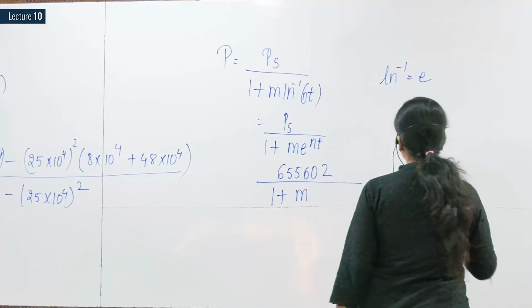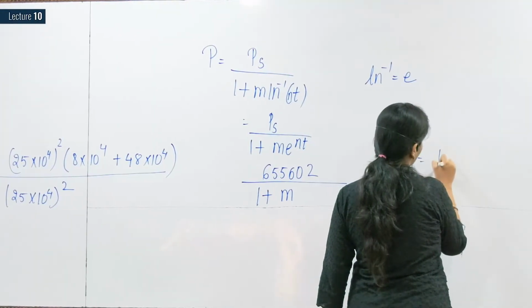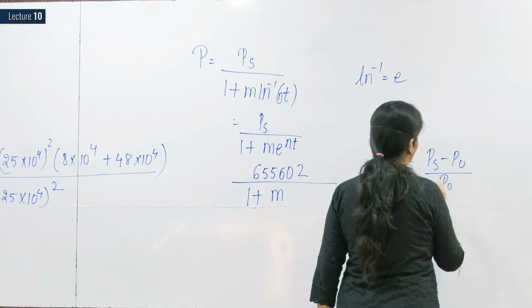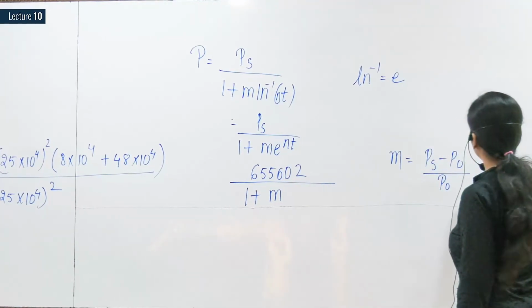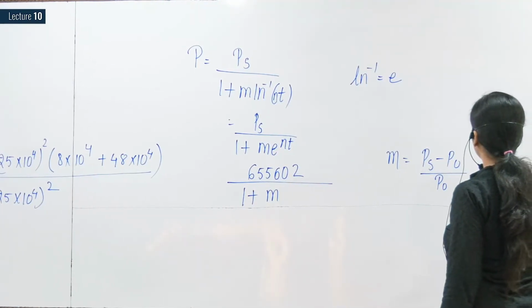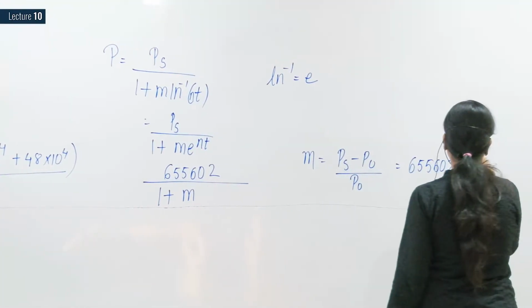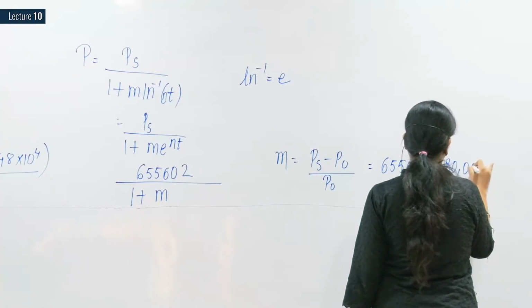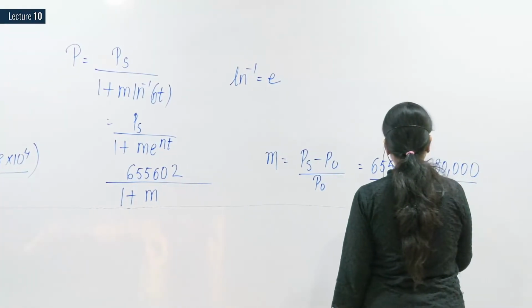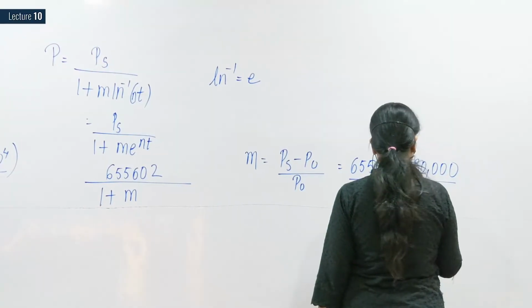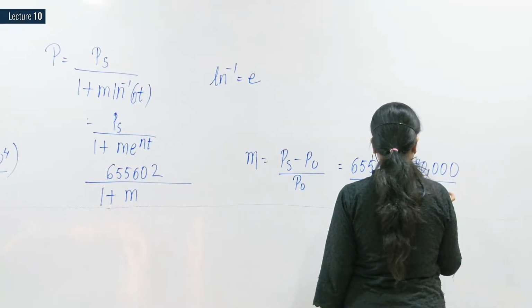So how can you calculate M? M is PS minus P0 upon P0. PS was 655,602 and P0 is 80,000.